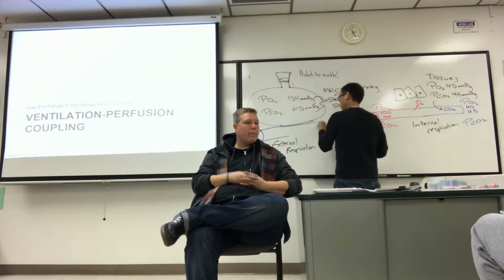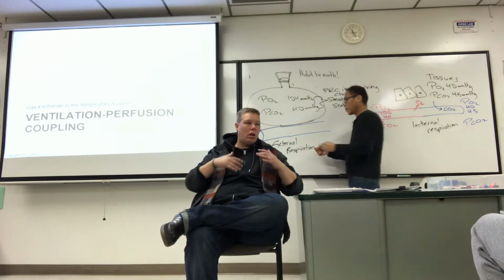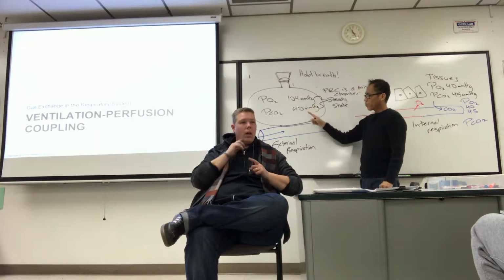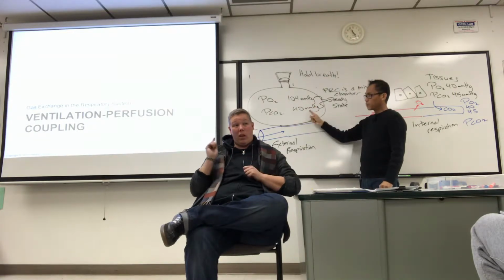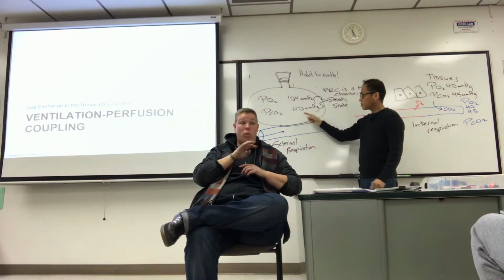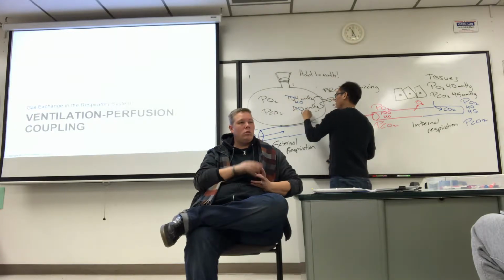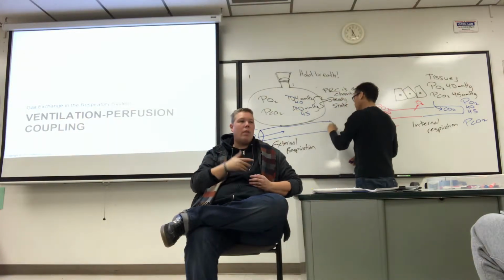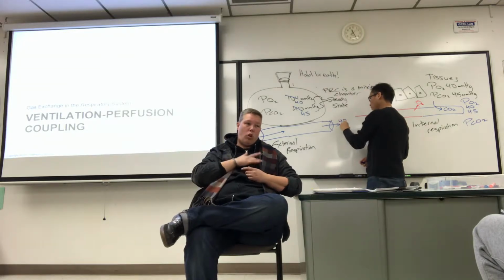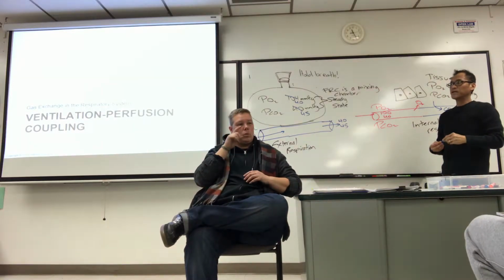Fresh air isn't coming in, but blood keeps going round and round. The blood coming in is 40-45. Eventually, this will equilibrate with that, because this is not being renewed and that keeps coming in at 40-45. So eventually these numbers will change to 40-45, and the blood leaving the lungs, coming back to the left heart, will be 40-45. So that's why you need proper ventilation-perfusion coupling.